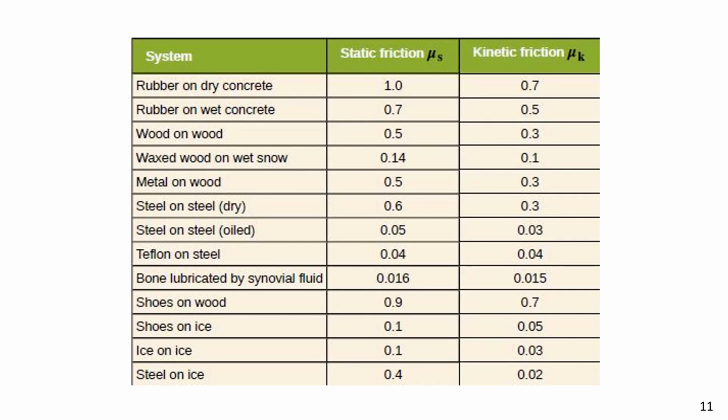Bone in the synovial fluid. Those are like your bones in your arms. It'd be awful if it took a lot of friction to move any of your joints. That's why they're relatively, actually that's the smallest one on the chart. Yeah. So these are just numbers that are sort of tested and measured.